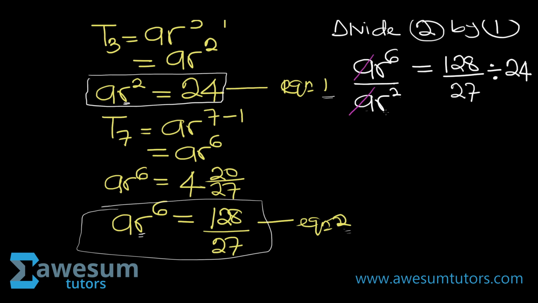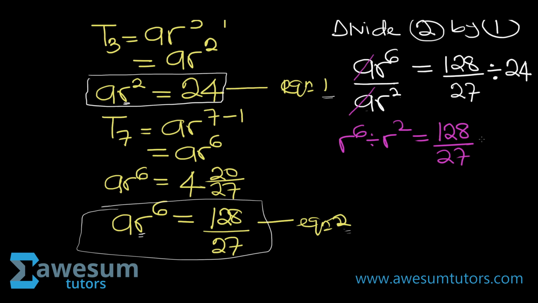But how do we do that? If you remember your indices, you have R raised to the power of 6 divided by R raised to the power of 2. Let me rewrite that for you so you see what I'm talking about.